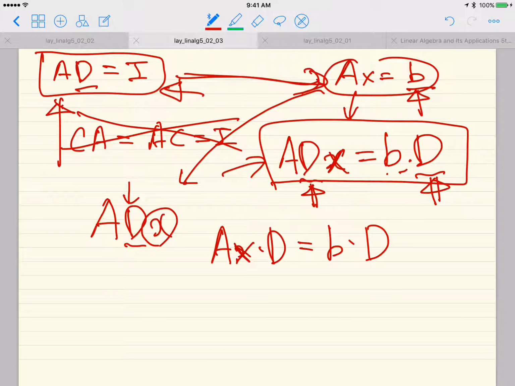So how can we do that? Let's imagine some vector y, although we don't know what the vector y is. And then AD times y becomes b, for any given b.